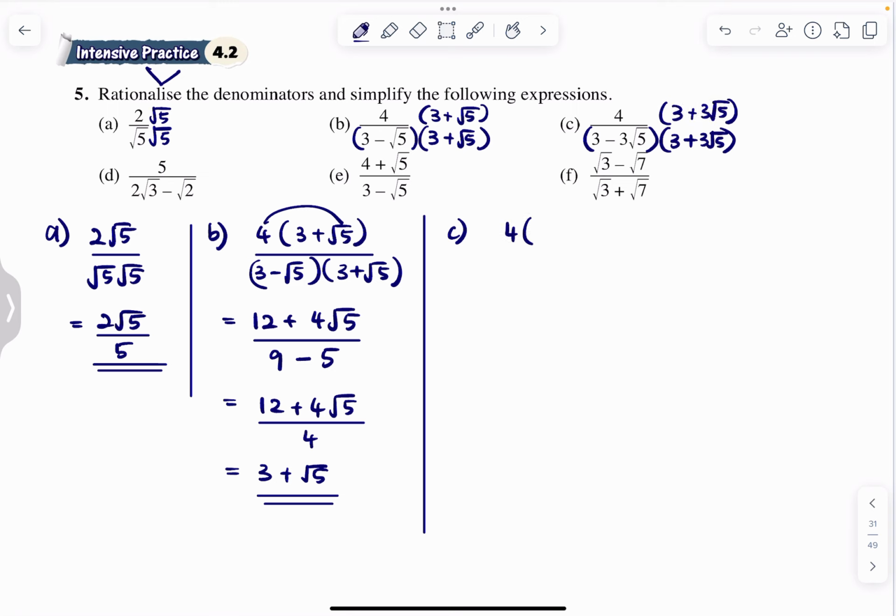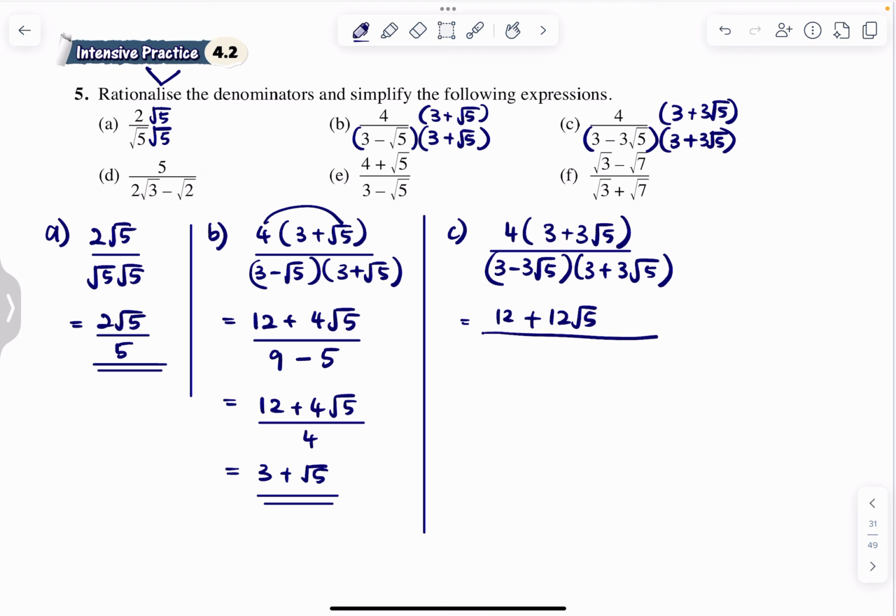So you can say 4, 3 plus 3 surd 5 over 3 minus 3 surd 5, 3 plus 3 surd 5. Right, now we expand. So 4 times 3 is 12 plus 12 surd 5 over 3 times 3 is 9.